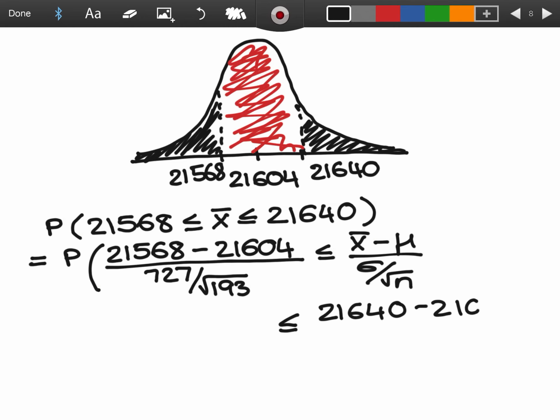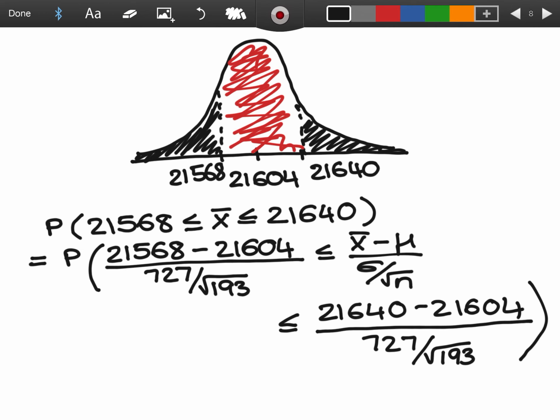So I'm going to get 21,640 minus the mean divided by the standard deviation over the square root of the sample size. Okay. So once we figure all of that out, let's plug this into a calculator quickly. I should get 36 divided by 727 divided by the square root of 193.